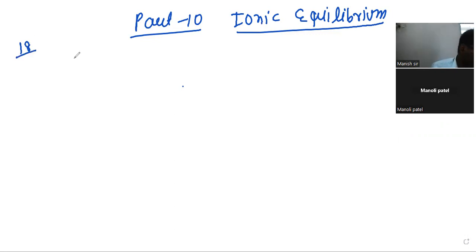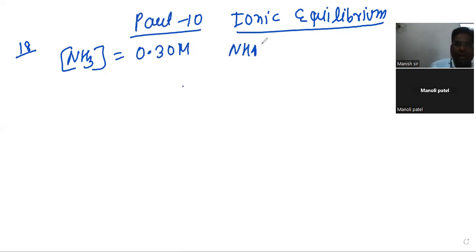So the buffer solution is prepared in which the concentration of ammonia is given. NH3 concentration is 0.30 molarity, and the concentration of NH4+ is 0.2 molarity.